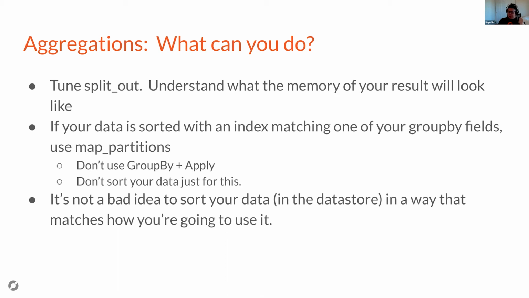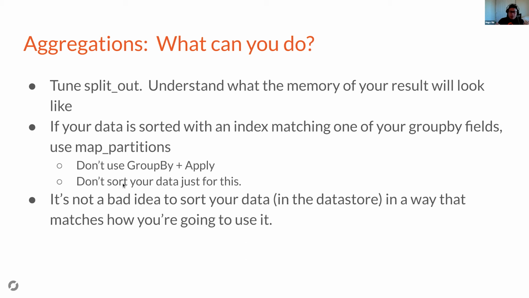But I'm going to tell you not to do that and to use map partitions instead, because group by apply will use pandas group by apply, and that's oftentimes really slow. A lot of times, I mean, these are all trade-offs, but in many situations, the computational overhead of the pandas group by apply when you're actually doing aggregation may be bigger than the benefit that you get from not doing this cascading combination.